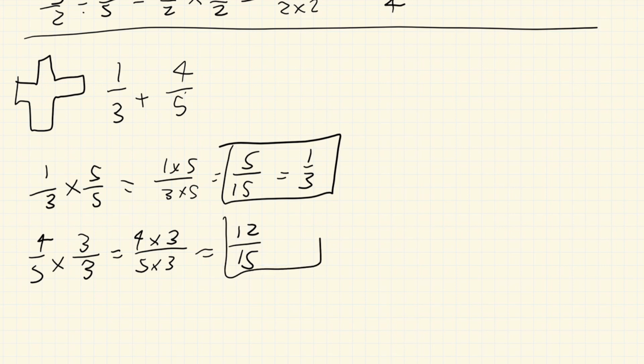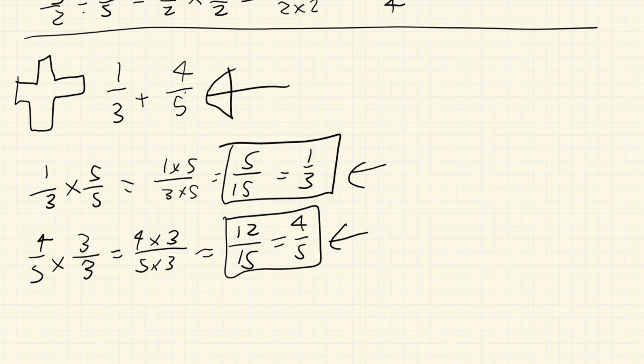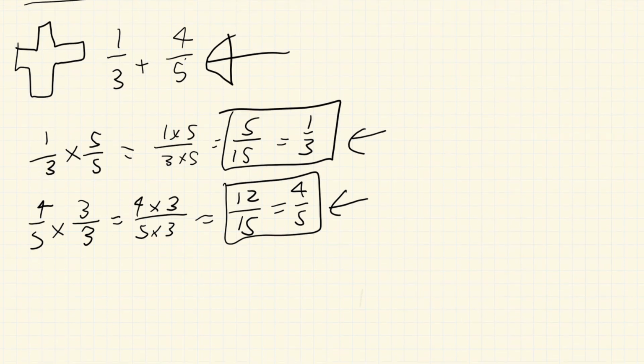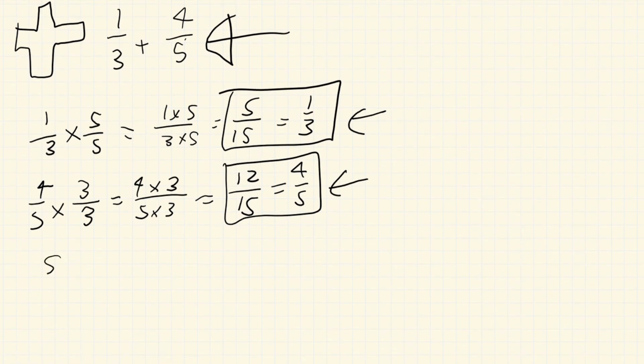And what you'll notice is that we have 15 on the bottom of the second one and 15 on the bottom of the first one. So we've now written these numbers in a way where the bottom numbers, the denominators, are the same. So that means we can add them together easily using our rule of adding.